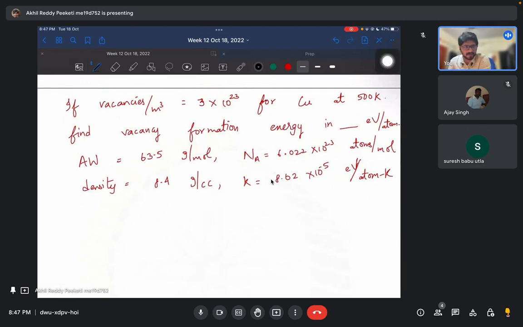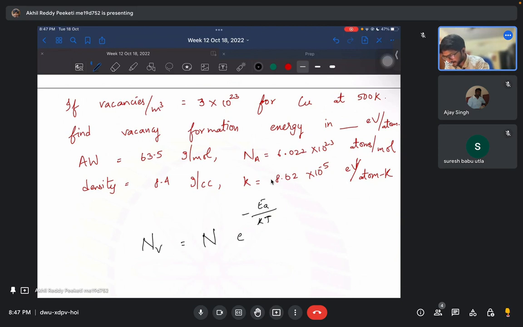So this question is based on the number of vacancies and vacancy formation energy. If you remember, we had this in the first few weeks. So can you tell me what the vacancy formula is? Simple, this is the formula.